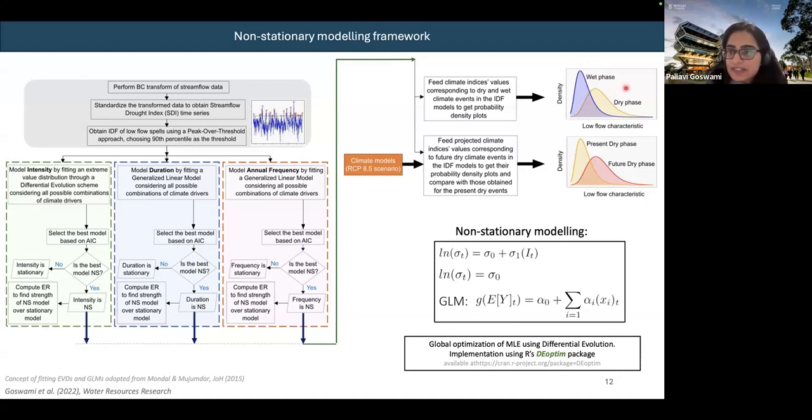You can do this for present historic data, and you can do it for future data if you've got it. That was the idea behind building these models, because I wanted to see how the different phases affect low flow characteristics and how these climate drivers would be influencing streamflows in future.